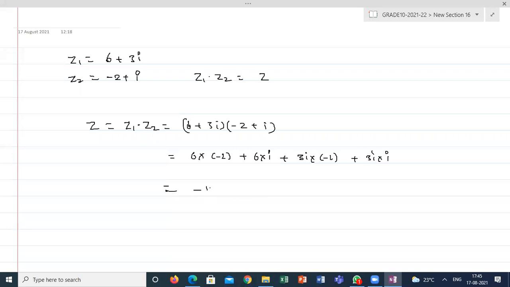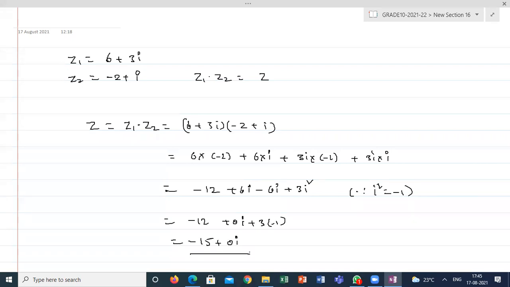This will give us minus 12 plus 6i minus 6i plus 3i square. Since i square is equal to minus 1, minus 12 plus 0i plus 3 into minus 1. So minus 15 plus 0i, which is actually a real number. Its imaginary part is 0.